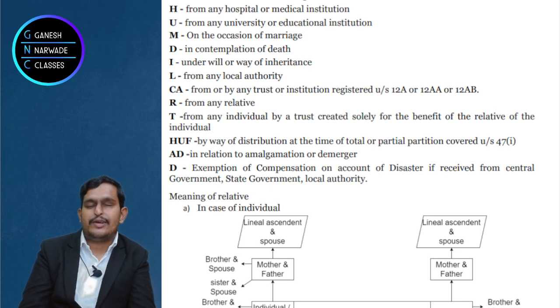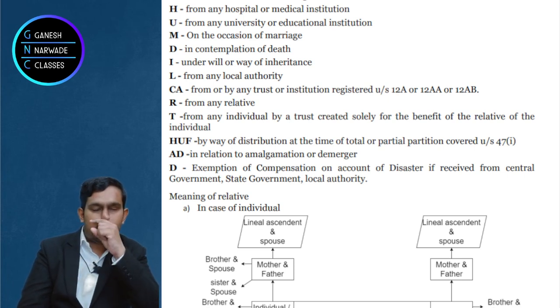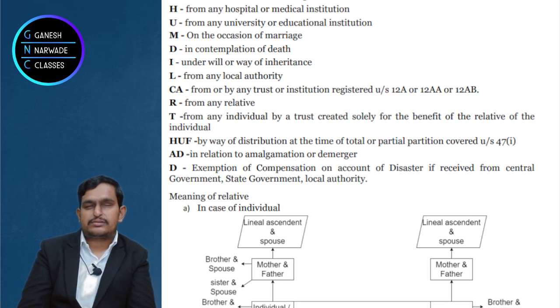To you, if it is given, not taxable. HUF, so Hindu undivided family giving gift to any of its relatives, not taxable at all. Or relatives giving to HUF, or the family members of HUF giving gift to the HUF, not taxable.